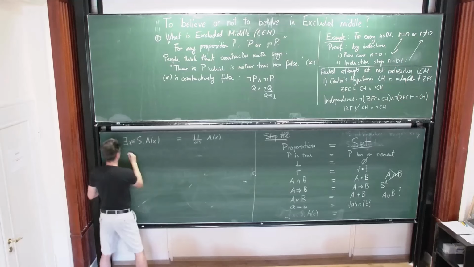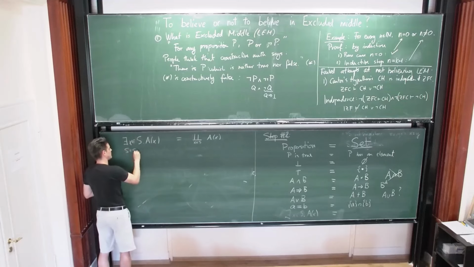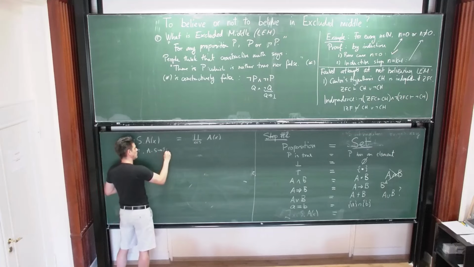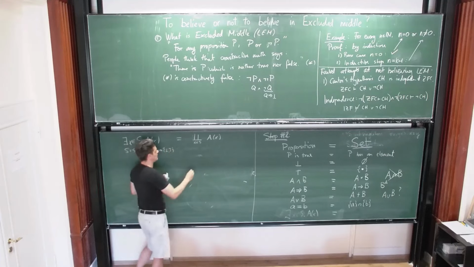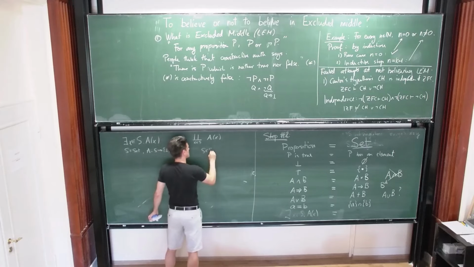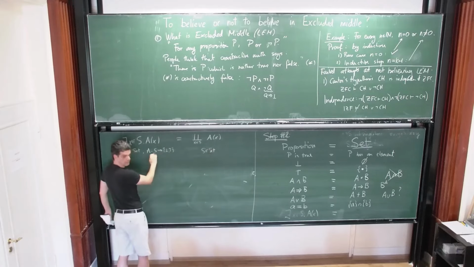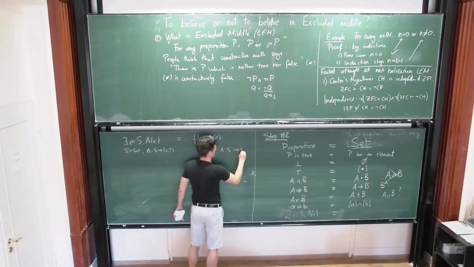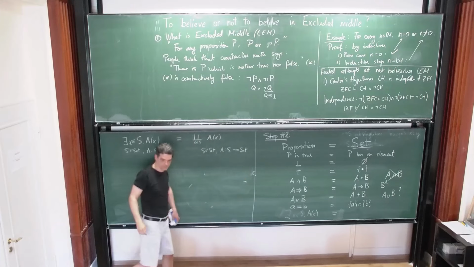Here, S is a set, and A is a map from S to true false, because it's a propositional function. Here, S is a set, and A is a map from S to set. It's a family of sets. Just so that it's clear.